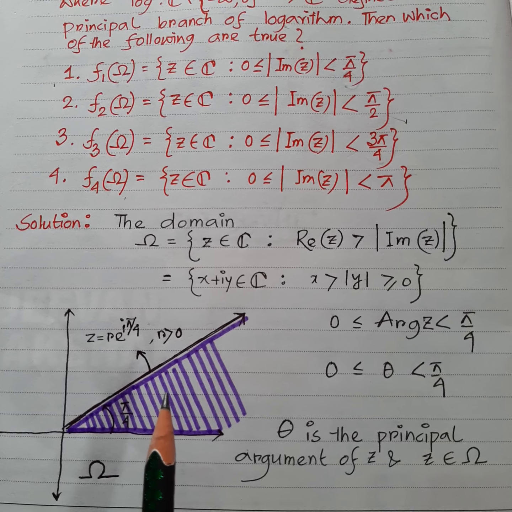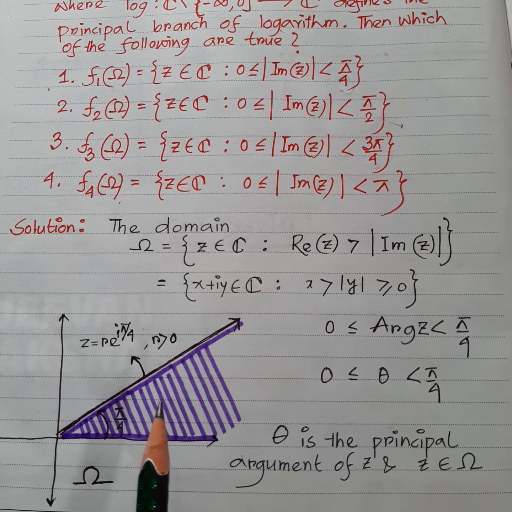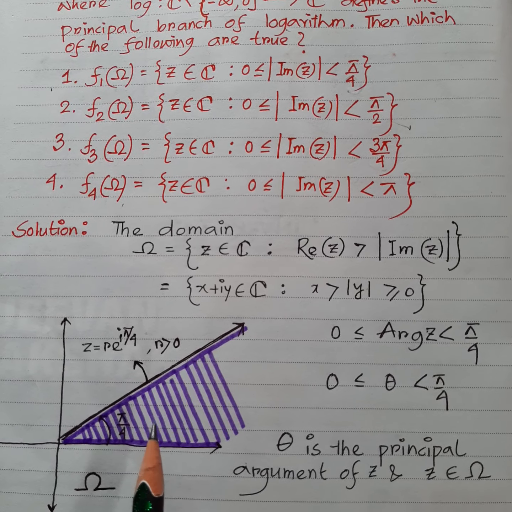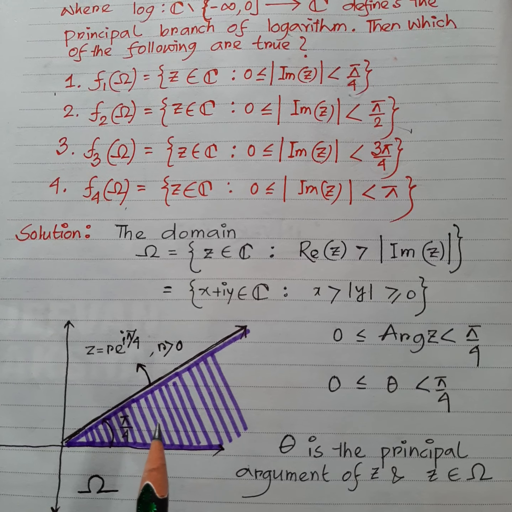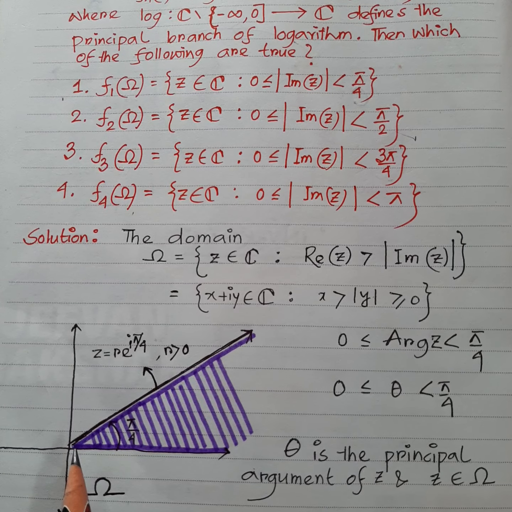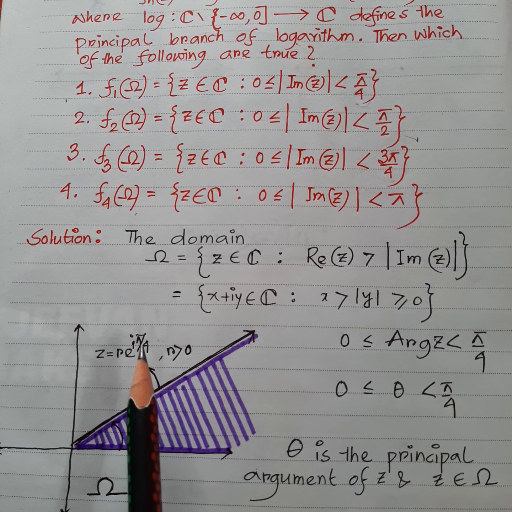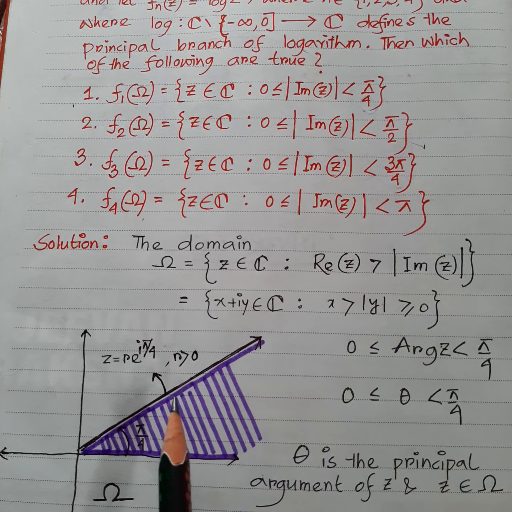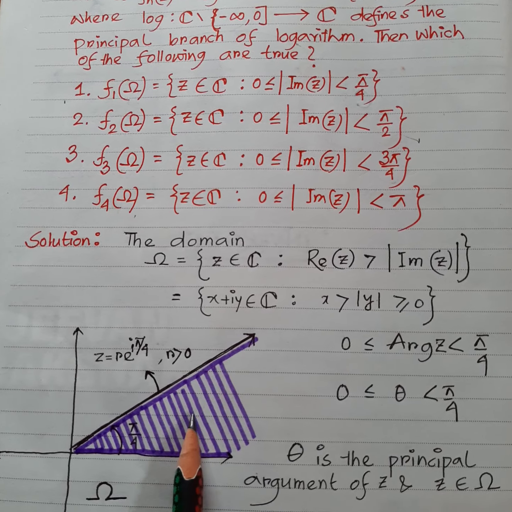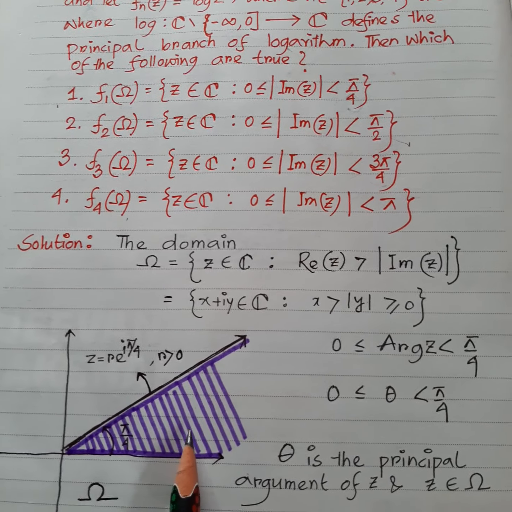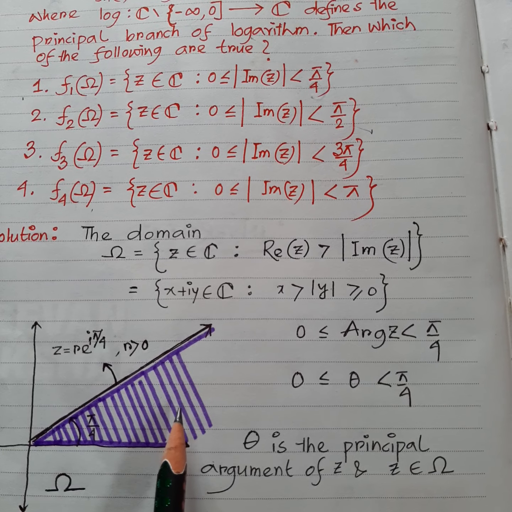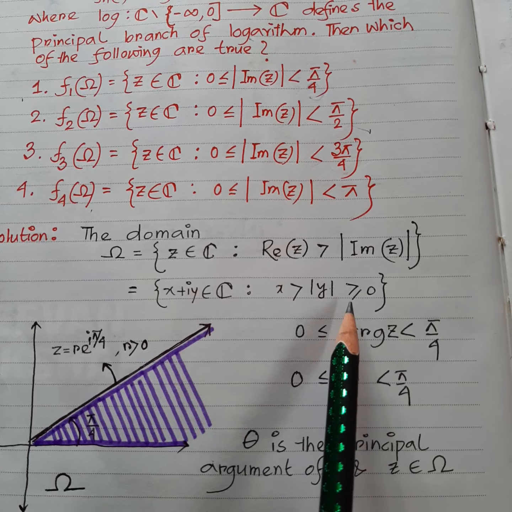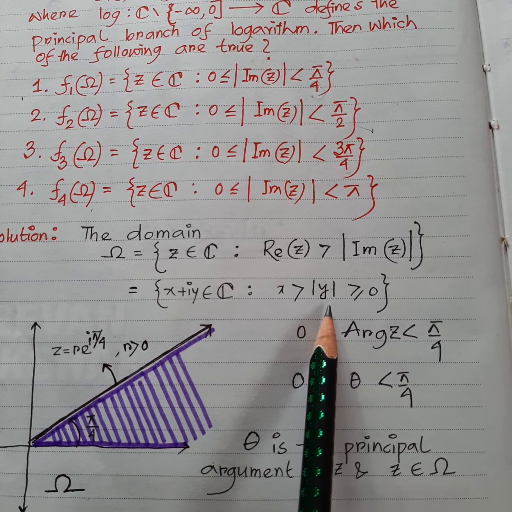If we represent this graphically, this is what it looks like. This purple region indicates Omega, and the origin and the line z equal to r e to the power i pi by 4, r greater than 0, are not included in the region Omega, because in Omega the real part of z, that is x, is strictly greater than modulus of y.